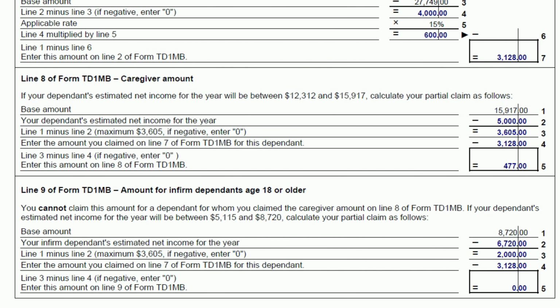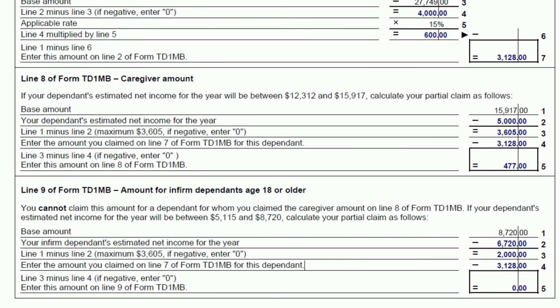Here in the worksheet you see base amount 8720, your infirm dependent's estimated net income, whatever the income is, enter the true number. Once you subtract both, the difference is line 3 here, and then you have to check what is the line 7 entry in your case, the number you see in TD1MB, and enter that number here.